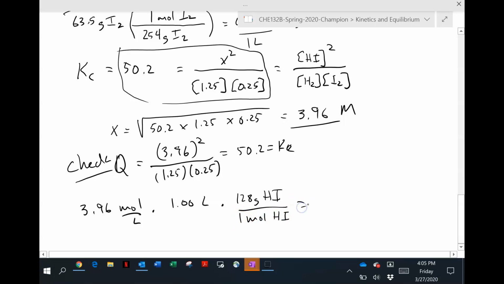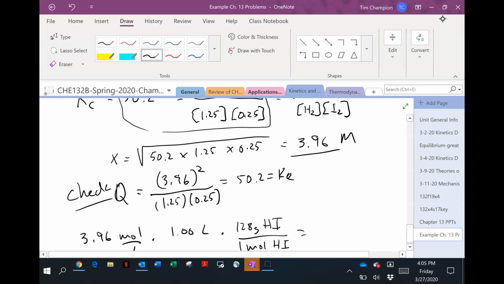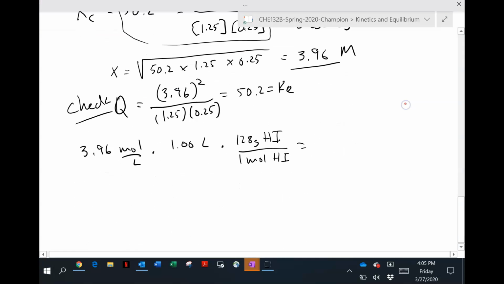That's our calculation there. You can see we can cancel a few things out here, moles and moles, liters and liters, and we'll have grams of HI. So 3.96 times 128, I get 506.88 grams of HI as the answer to that problem.